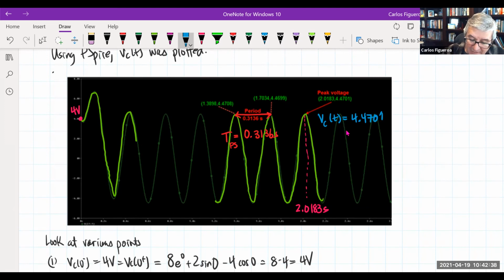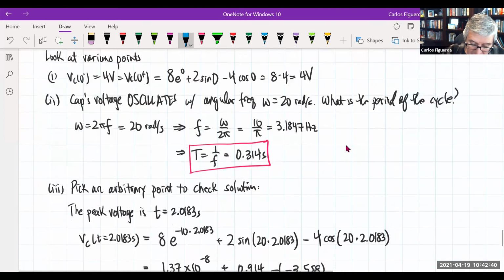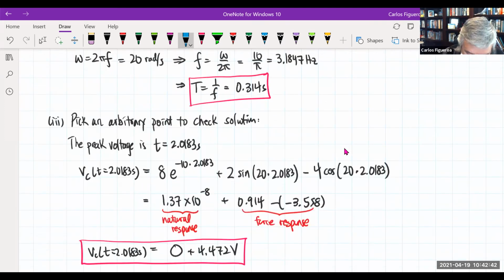So when I compare the PSpice value to this value, VC of PSpice is 4.4701 volts, and you can see that to 3 sig figs, they're exactly the same. I think what ends up happening is that there's rounding that I did.